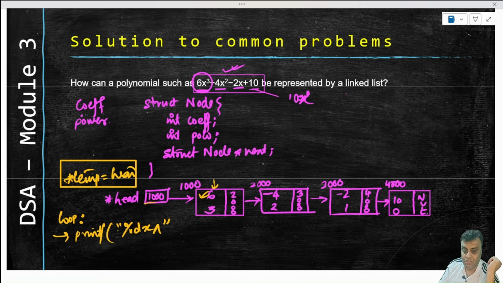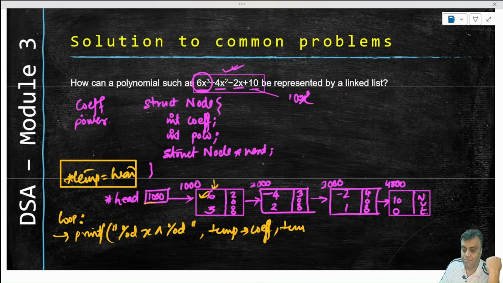In fact, let me rewrite this: %d, then we will say x to the power another %d, and then we will say temp arrow coefficient and temp arrow power.